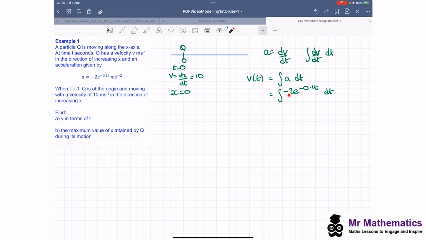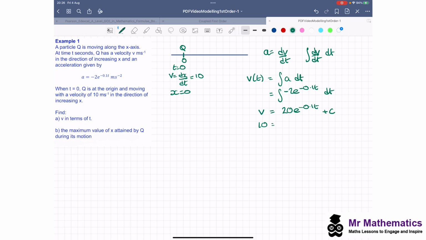And we can integrate this using the reverse chain rule, where we multiply this negative 2 by negative 10. So this becomes 20e to the negative 0.1t plus the constant of integration. And we know that when time equals 0, the velocity equals 10. So we can substitute these two boundary conditions into here to work out the constant.